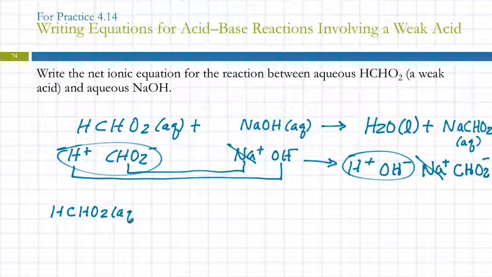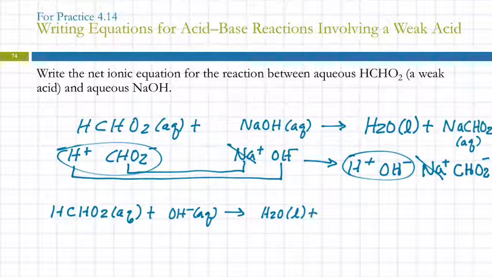HCHO2, aqueous, plus the sodium ion was a spectator, so I'm leaving him out, plus hydroxide ion. And that's going to form water, and the sodium got crossed out, and this weird one, it's a formate ion.